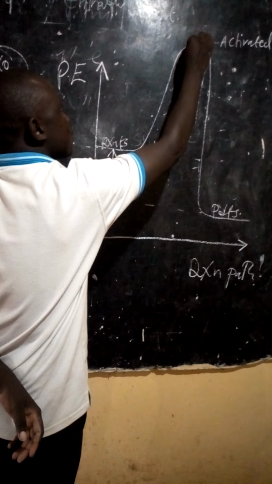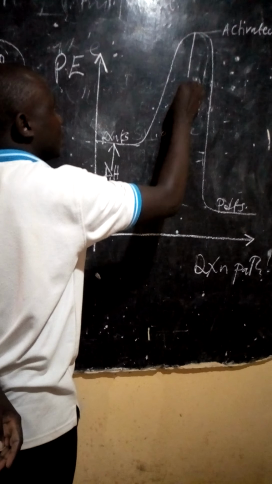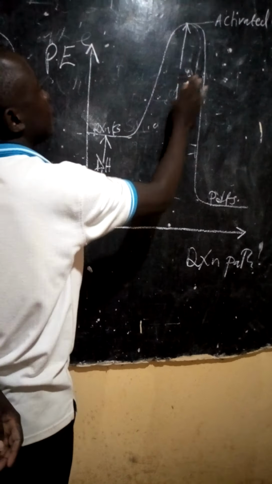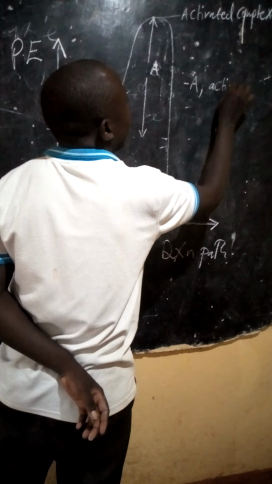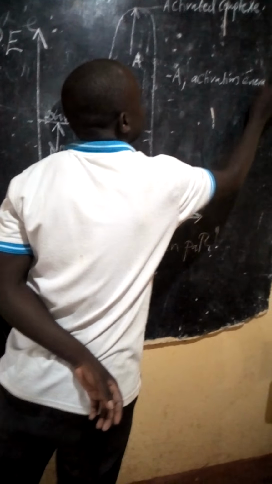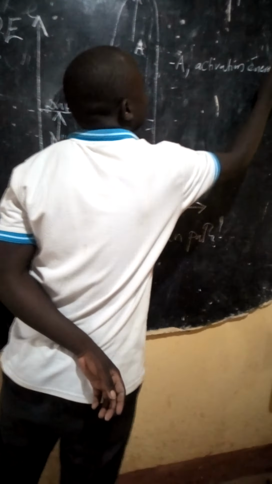This one here is what we can call activation energy. This is what we call an energy level diagram. Why are they called energy levels?